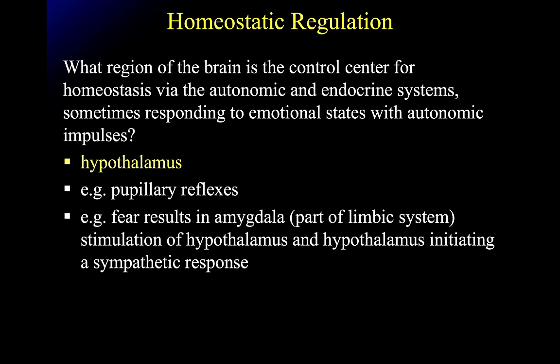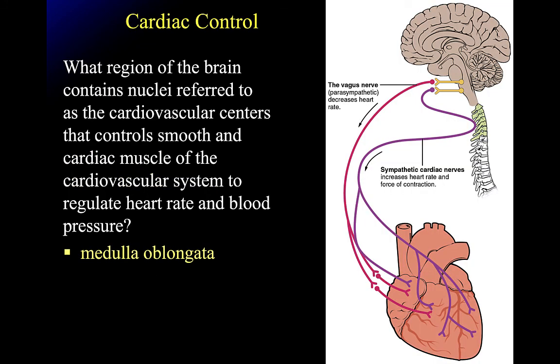So we can have fear that isn't really associated with danger produce the same kind of response that would be associated with danger. But it again is linking the limbic system to the output of the autonomic nervous system.